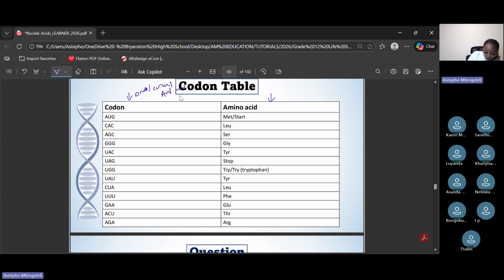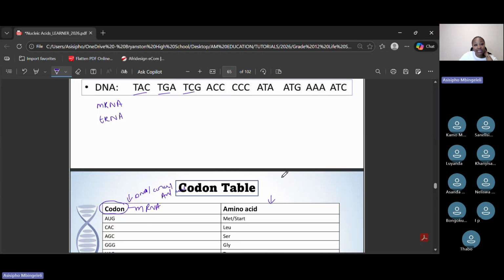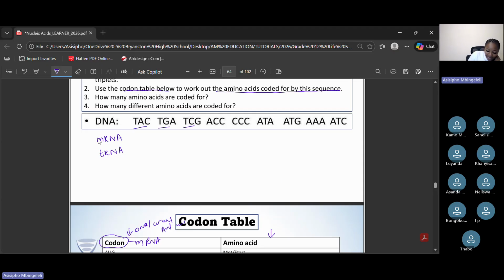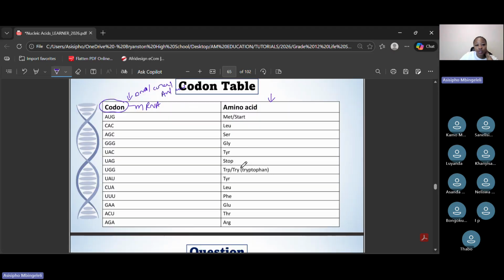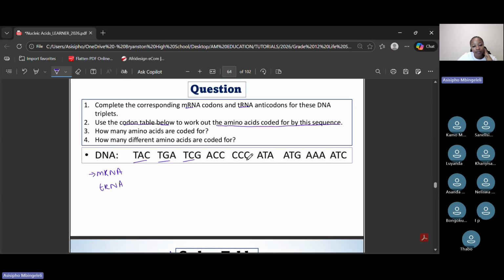In this table, we are given codons. So that means we are going to use the bases in a messenger RNA to find the name of the amino acid. Whatever codons you have here, you're going to take those bases. If one of the codons is GGG, you're going to look for GGG here, and there's the name of the amino acid, and you write it down.